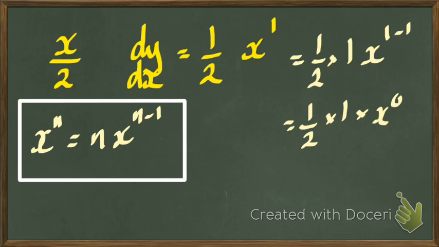Notice I'm really labouring the maths here and writing everything out. You wouldn't be expected to do this. Which equals half times 1 times 1, and that's a half. And that's it. So the derivative of x over 2 is a half. You could take that even further.